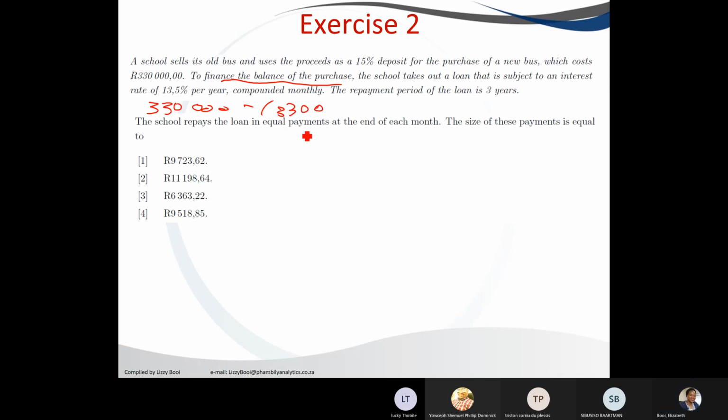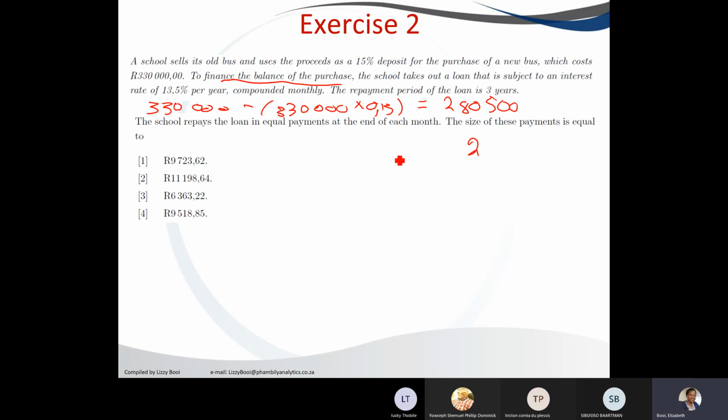That gives us 280,500, which will be our present value.